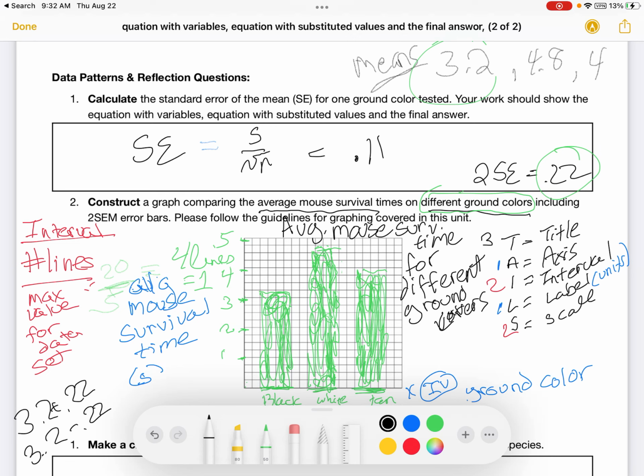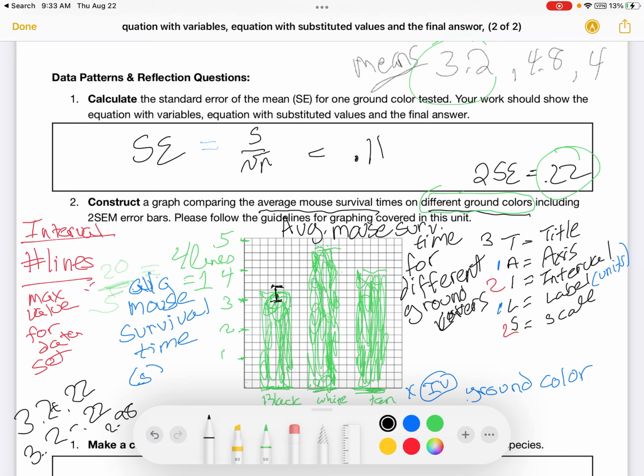So 3.42, I'll go up here, 3.42 will be right like this. And I just draw a line there, and then I go down. 3.2 minus 0.22 is 2.98, I think. So right below this, and I go down, and I just draw little hash marks. Then I connect them because this shows the range that 95% of our data is actually in. And that's how you plot it.